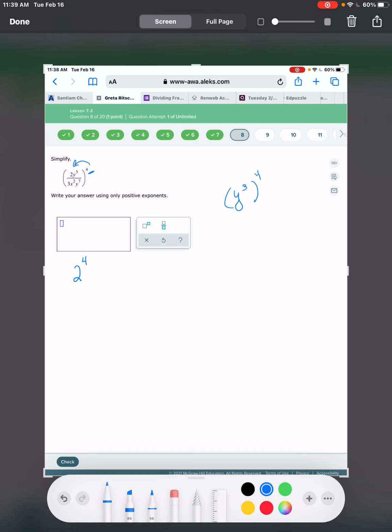Instead of writing that all the way out, I'm going to do this math. 3 times 4 is 12, so I have y to the 12th. Okay, that's my top. On the bottom, I have 3 to the 4th, and then I have x squared to the 4th. So I multiply that to get x to the 8th. And I have y to the 7th to the 4th. I multiply that to get y to the 28th.